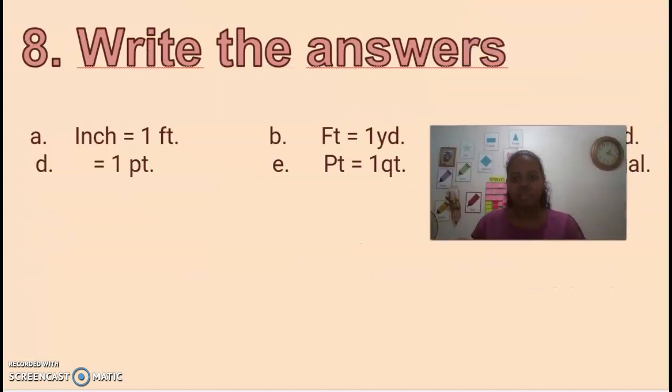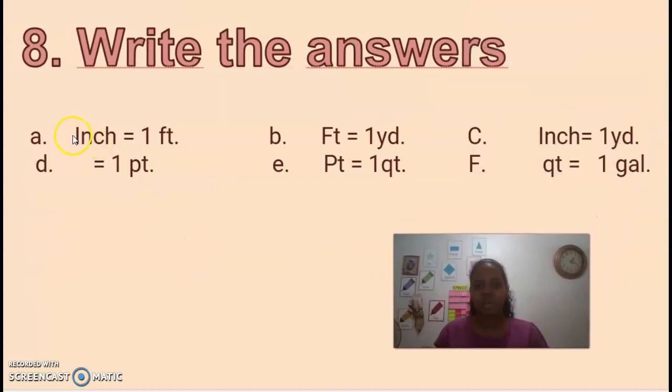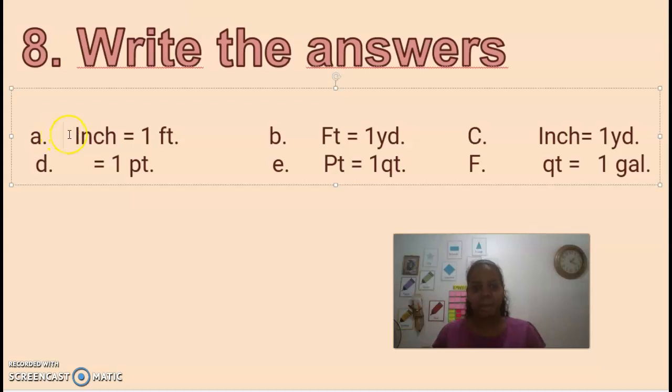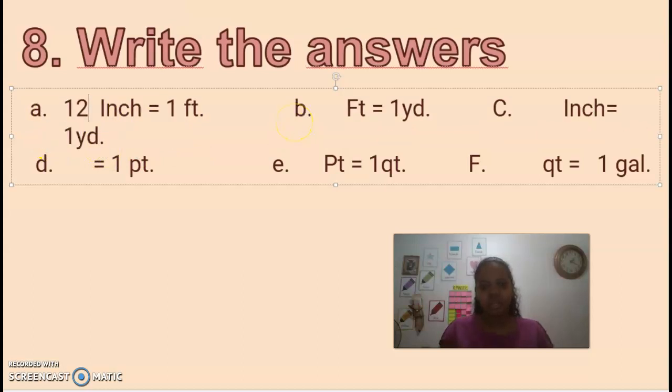In exercise number 8, you already know that you're going to write here the correct answer of each one of them. For example, how much is 1/5 in inches? So you already know that it is 12 inches. 12 inches is equal to 1/5.